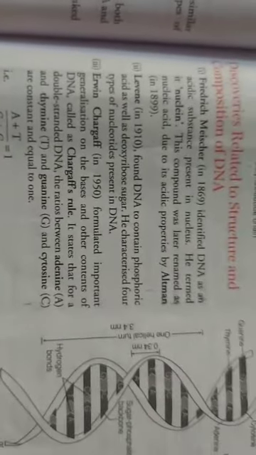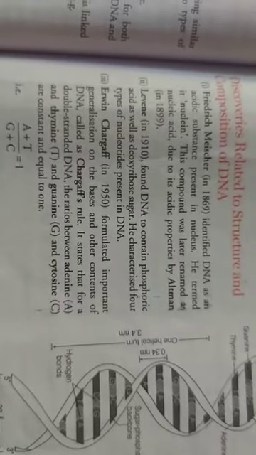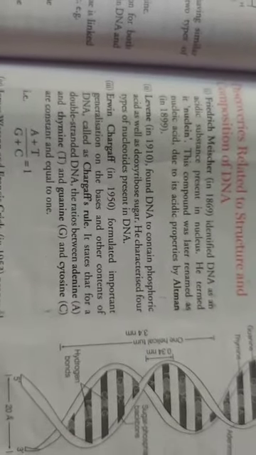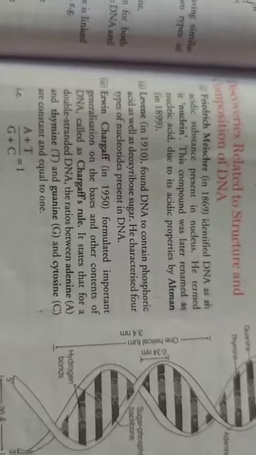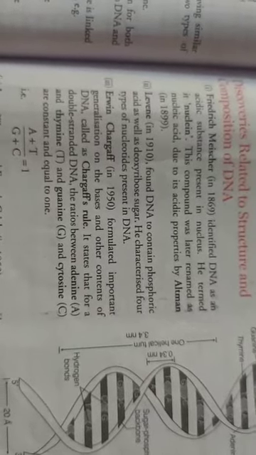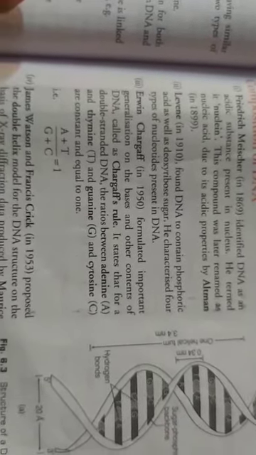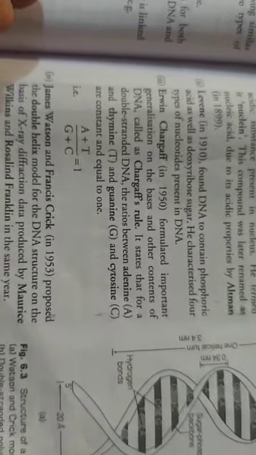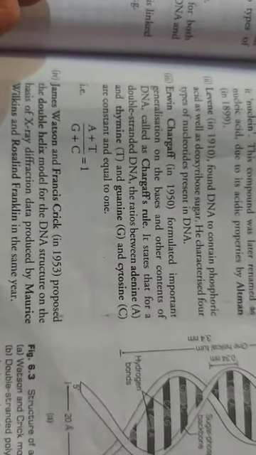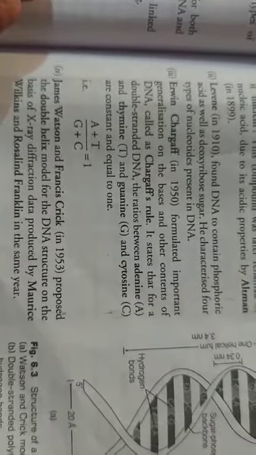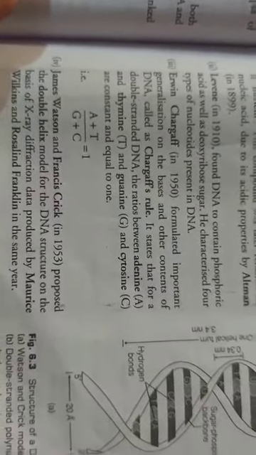Several scientists came and gave further discoveries regarding the structure of DNA, such as Chargaff, and Friedrich Miescher, who just found the nuclein. After that, Watson and Crick used the X-ray diffraction method and gave the 3D DNA model. And here we studied the Watson and Crick model of DNA, its bonds and all the things.